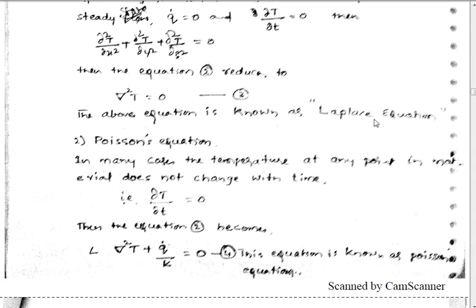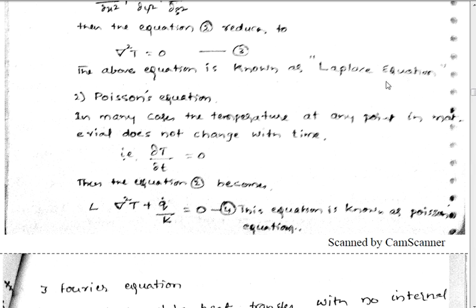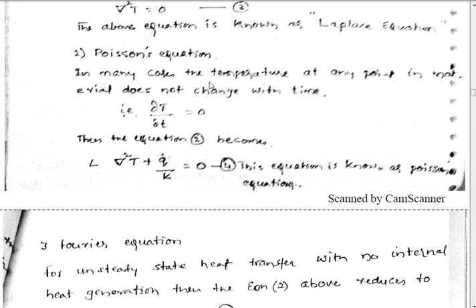This equation is known as the Laplace equation. It uses the Laplacian operator without internal heat generation, for the steady case. Steady means the variation of temperature with respect to time is 0, so there is no variation. Then, from that Laplace equation, we can write Poisson's equation.